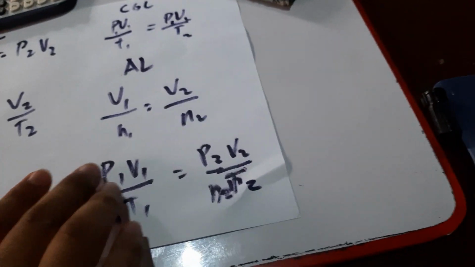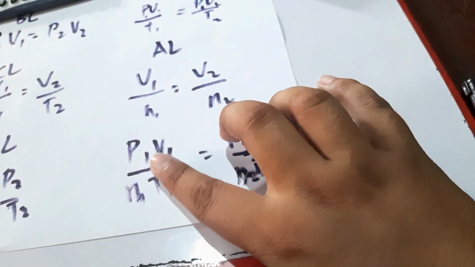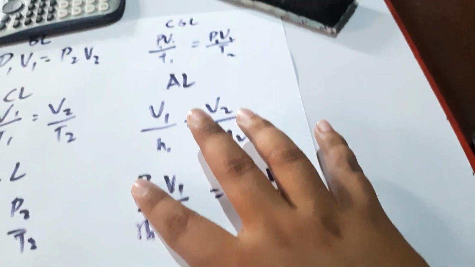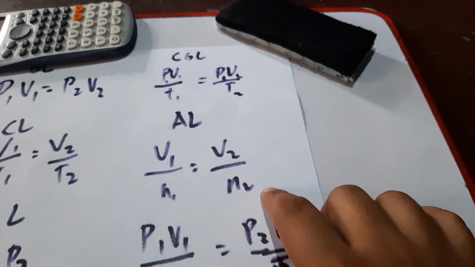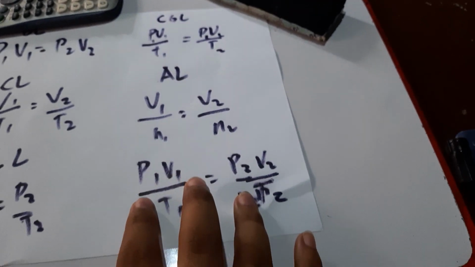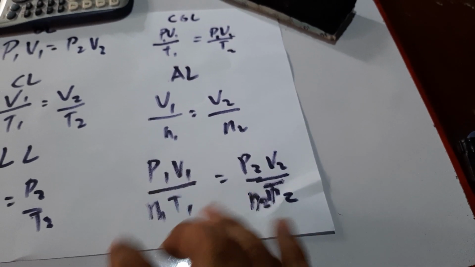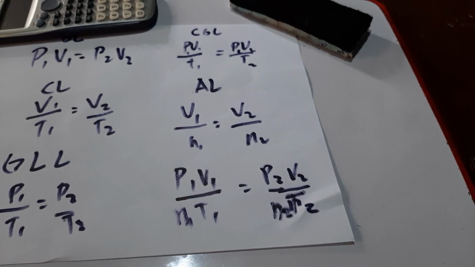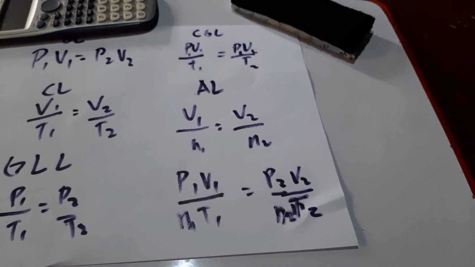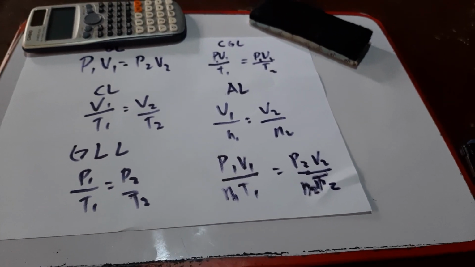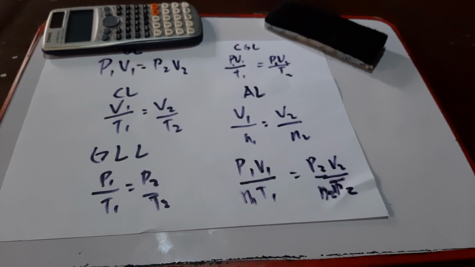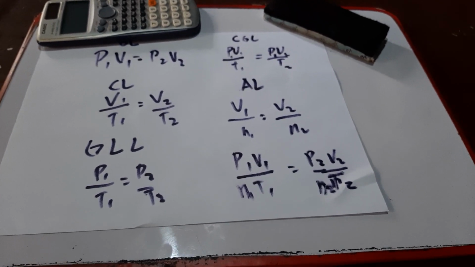If I cover pressure and temperature, that is my Avogadro's law. If I cover my N, that is my, what? Combined gas law. Very good. Right? Amazing, wonderful, extravagant, elegant.